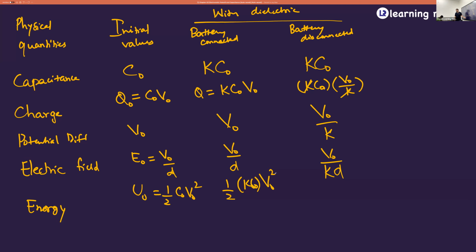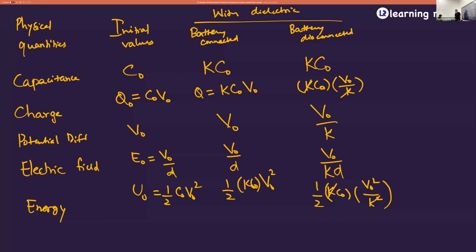It is increasing by a factor of K. Whereas when the battery is disconnected, half into K C naught, so C naught V naught square by 2K.